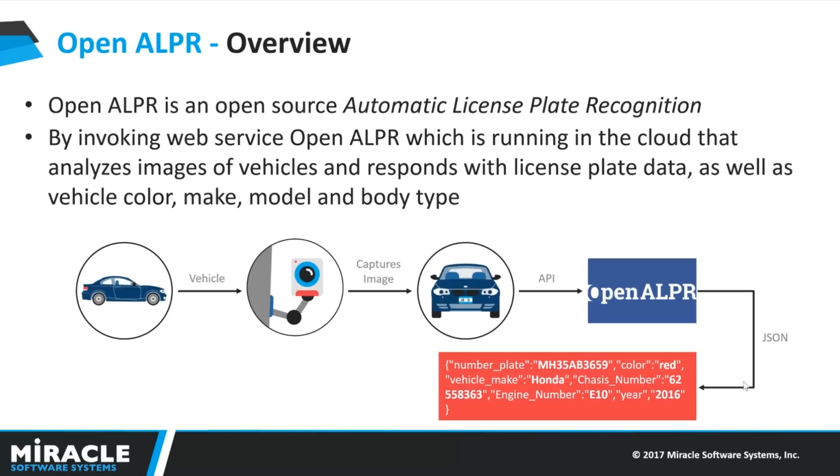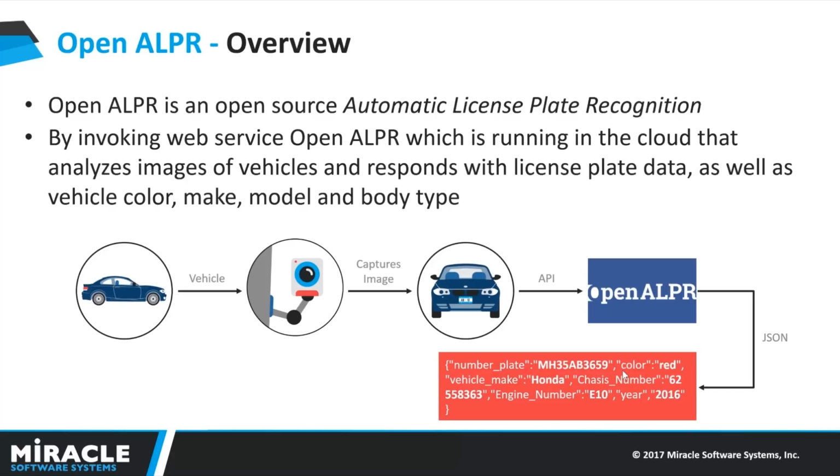Whenever we capture the image and send it to the API, it analyzes it and gives you the JSON information on the slide. You can see the number plate, the color of the car, the vehicle type, and the engine number. All these metrics come out of the API, which helps us build a demo.